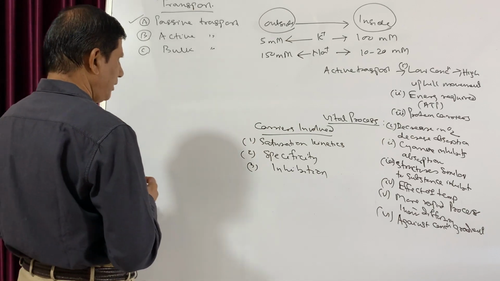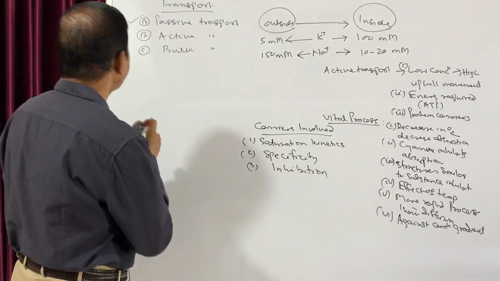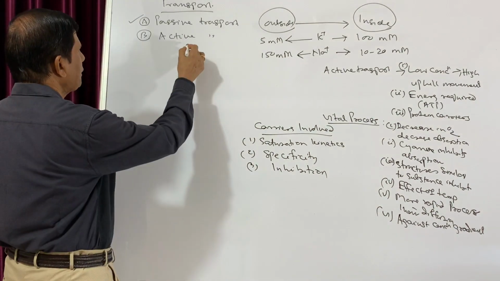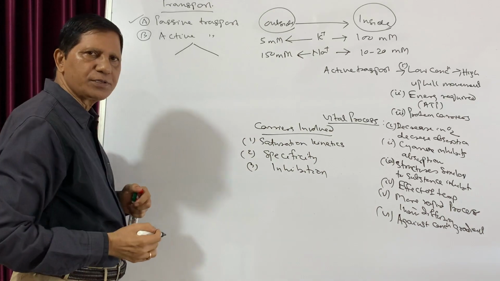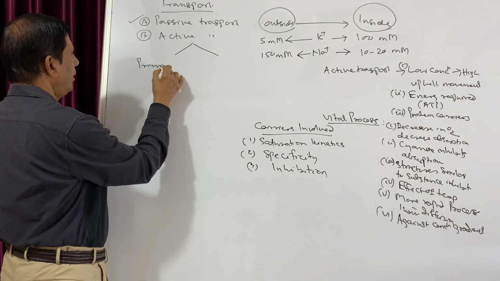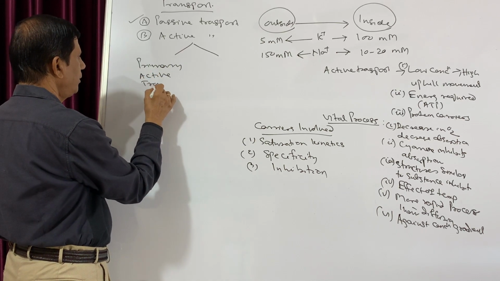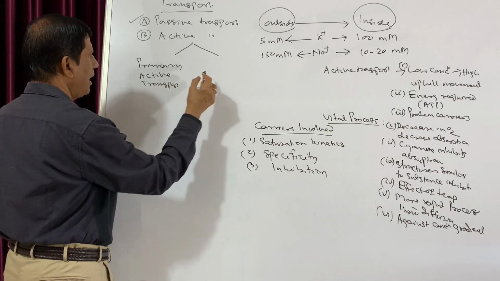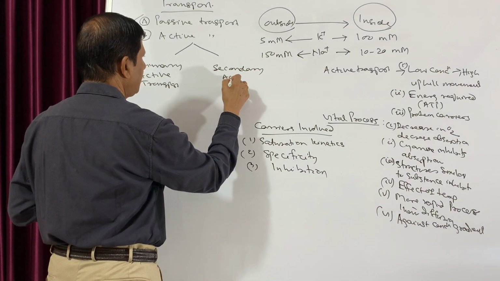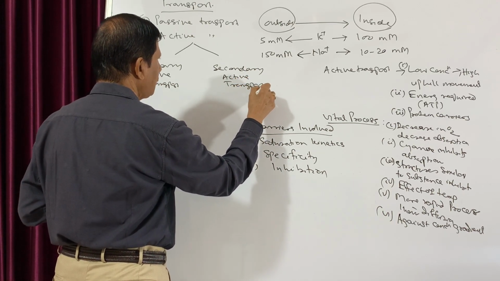Now let us give different examples. The active transport is mainly of two types. It may be primary active transport, and the other one is secondary active transport. What is the basic difference between these two?